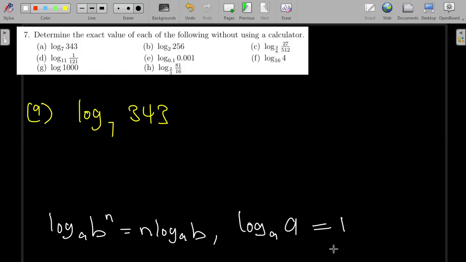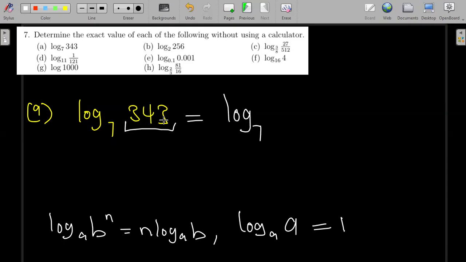That's what we said. So these two properties of logs are the ones that we are going to be using here. Okay. So what we want to do is just write this number here as 7 power something. Okay. So that we can drop the power and then we are going to remain with the log 7, which is just 1. Okay. So this is equals to log base 7.